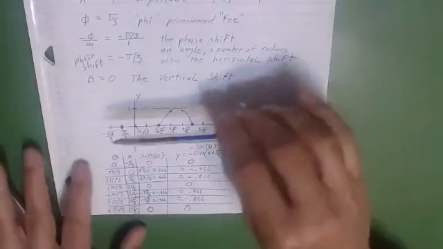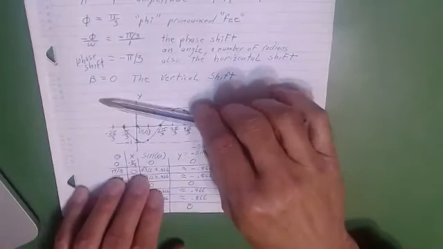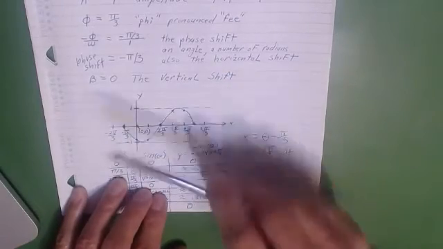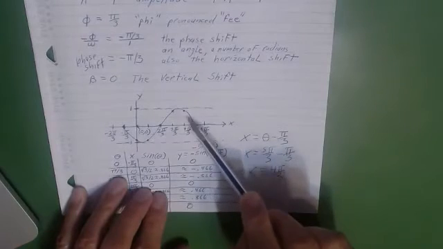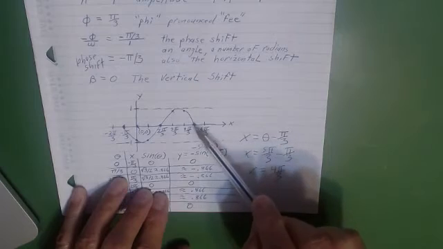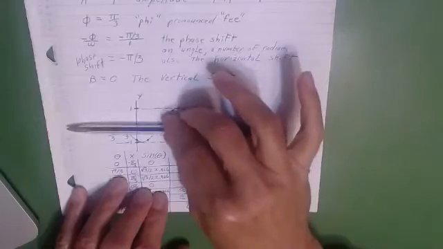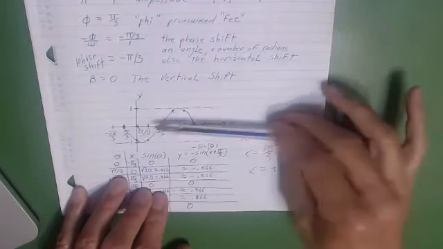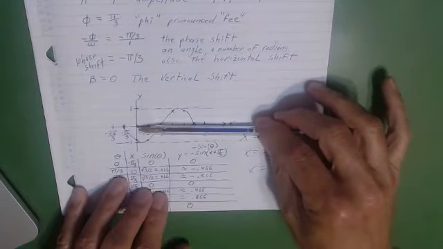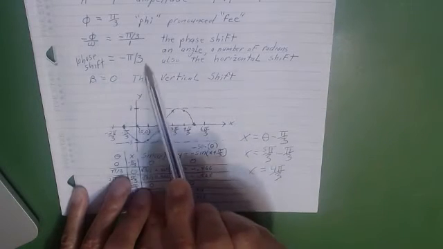Now remember, the negative sine function reflected what the regular sine function looks like across the x-axis. So that makes it look like an upside down sine function, the fact that we had that negative sign. Where a was -1, that reflects it across this horizontal axis. The phase shift moved this function. Instead of starting at 0, where negative sine would start, it moved it exactly by the amount of the phase shift.